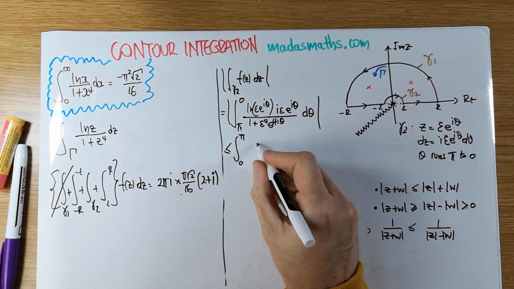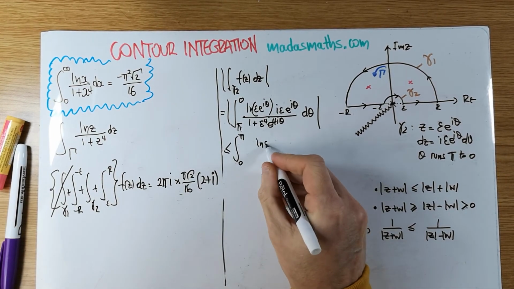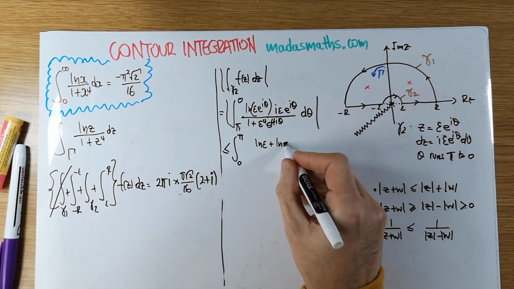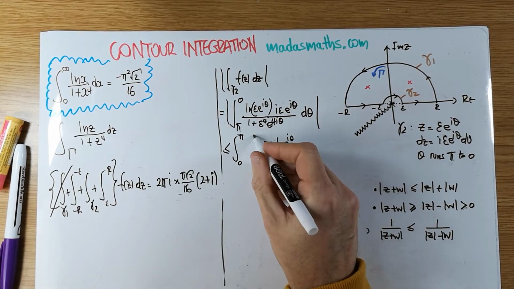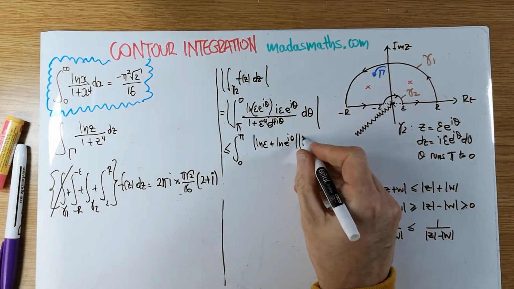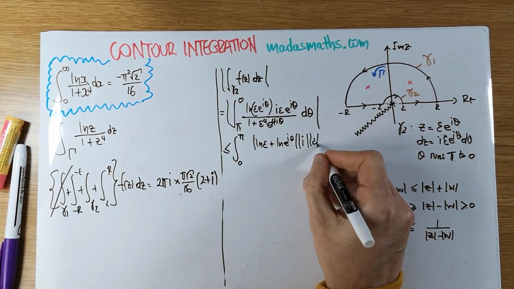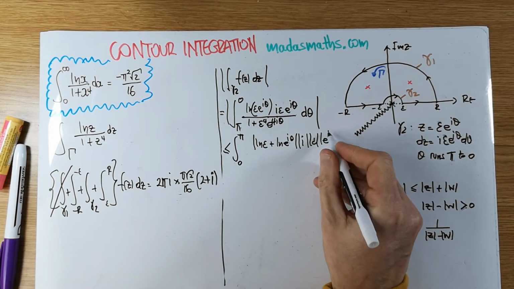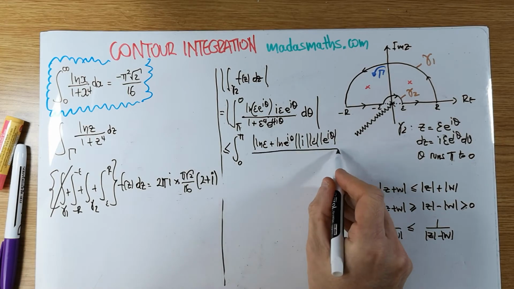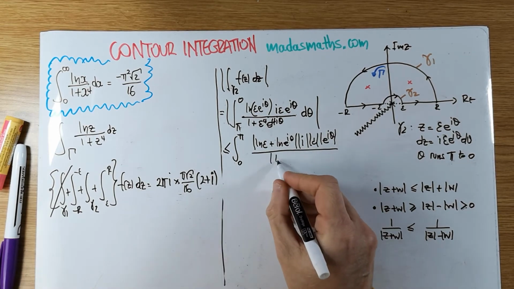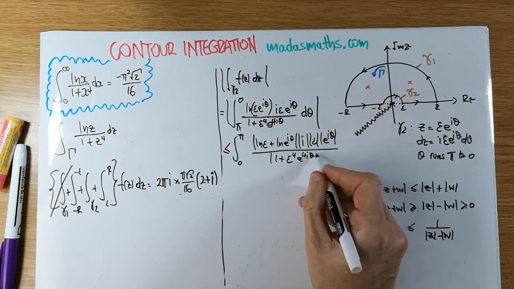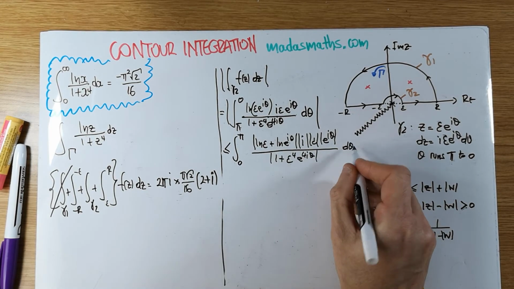So I'm doing a lot of things. So the modulus of log epsilon plus log e to the i theta times the mod of i times the mod of epsilon times the mod of e to the i theta, and now we have the mod of 1 plus epsilon to the 4 e to the 4i theta, close mod, and the d theta there. So I've done a few things.